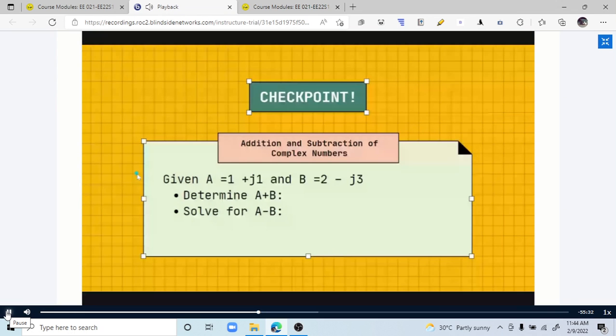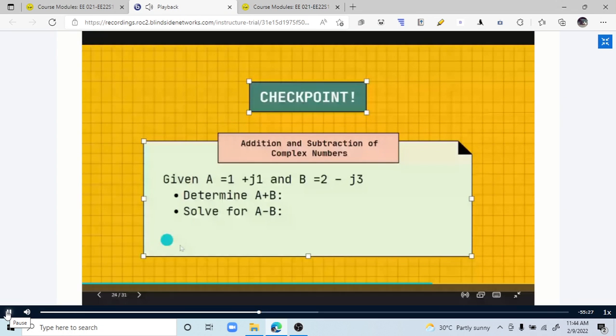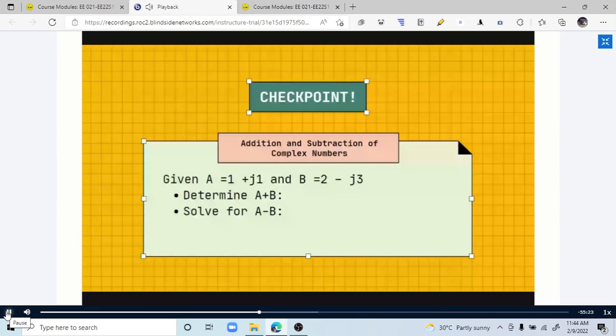So let us have now the addition. You have here 1 plus j1 and 2 minus j3. Determine A plus B and A minus B. So you have to determine what is A plus B and A minus B, and I want your answer in polar format.